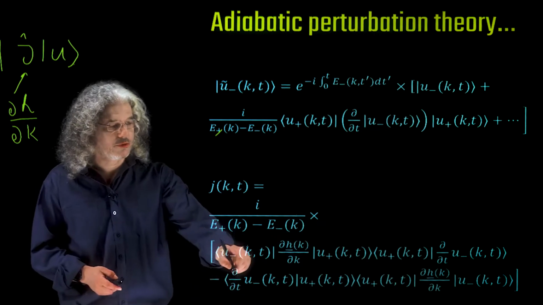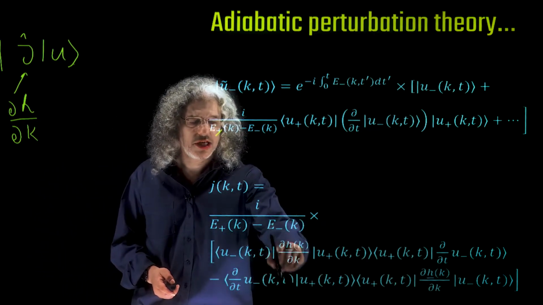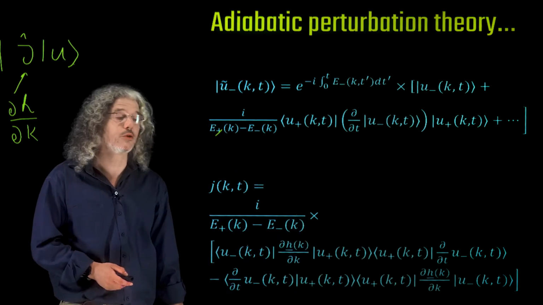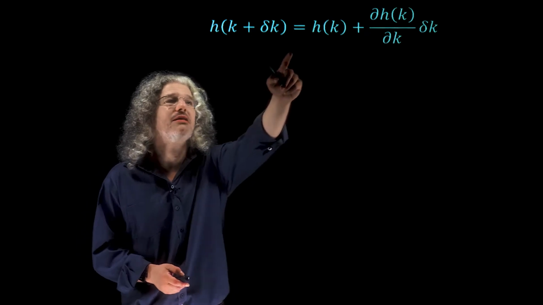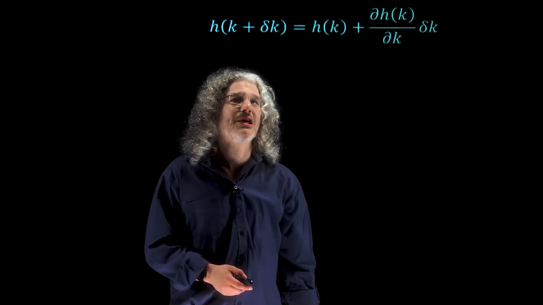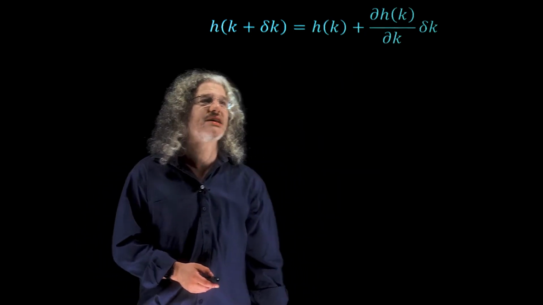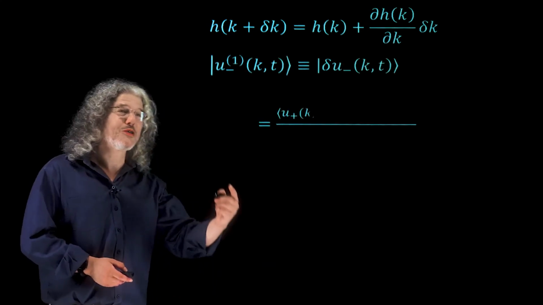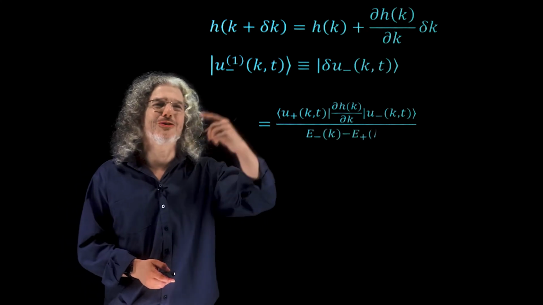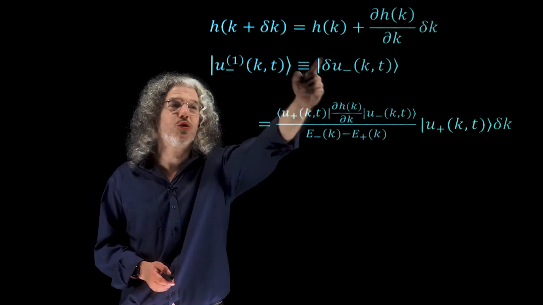Let's continue. Now I want to further discuss how to express dH/dk in a certain way. For that, we use perturbation theory for H of k plus delta k. So we expand H of k plus delta k to H of k plus dH/dk times delta k. Then we use perturbation theory for the eigenstates of H as a function of k.